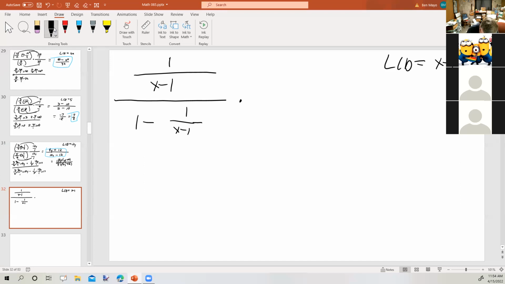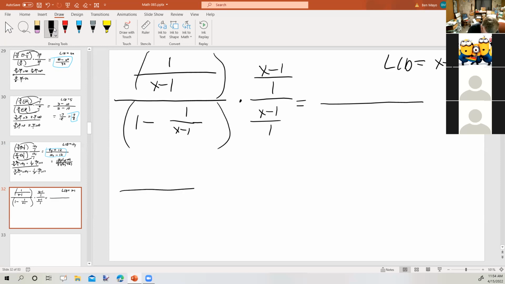So I'm going to multiply by x minus 1 over 1 and x minus 1 over 1. So 1 over x minus 1 times x minus 1 over 1, the x minus 1's reduce out, and we just get a 1.